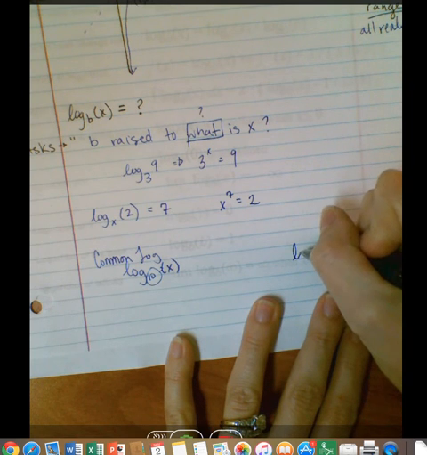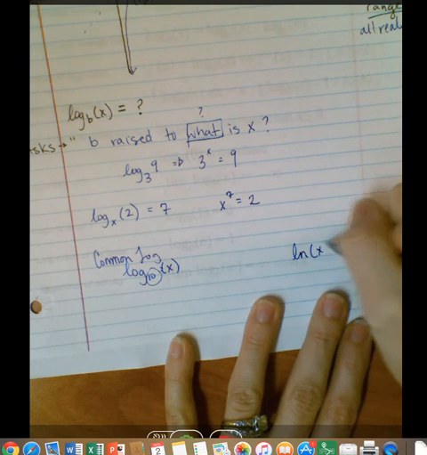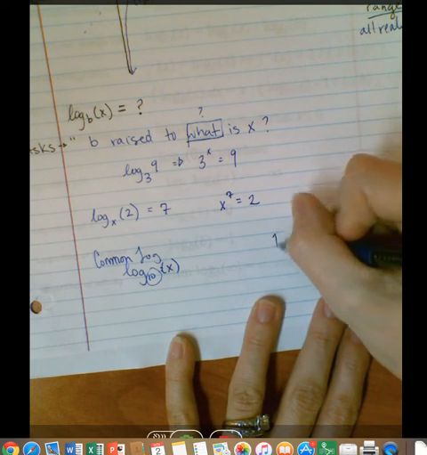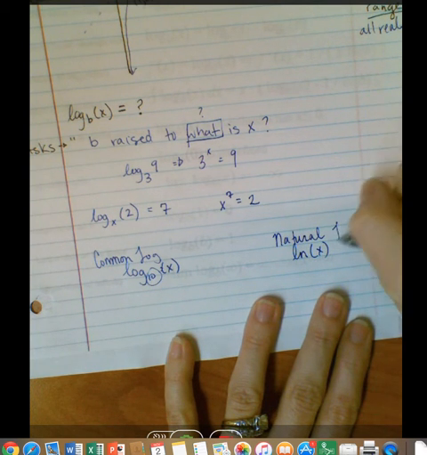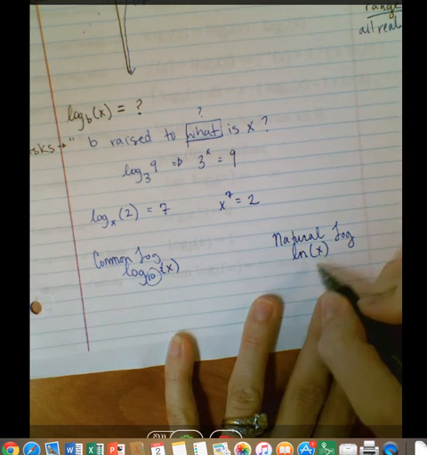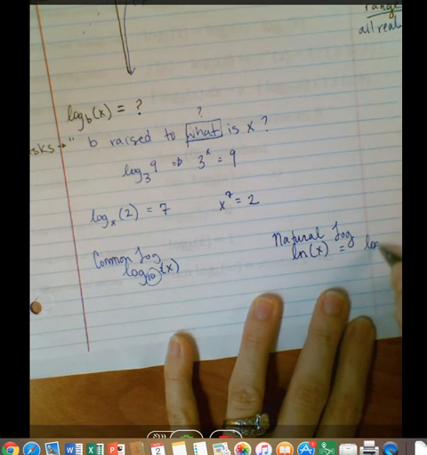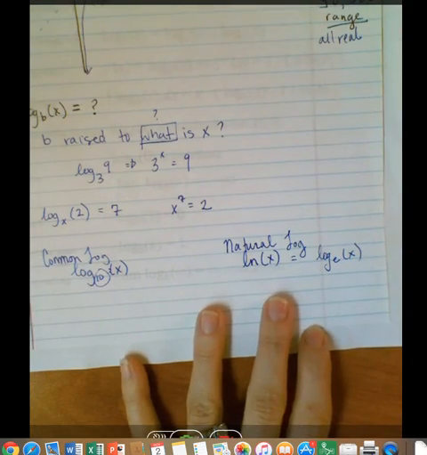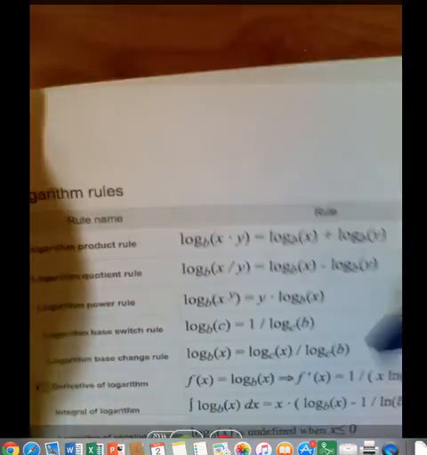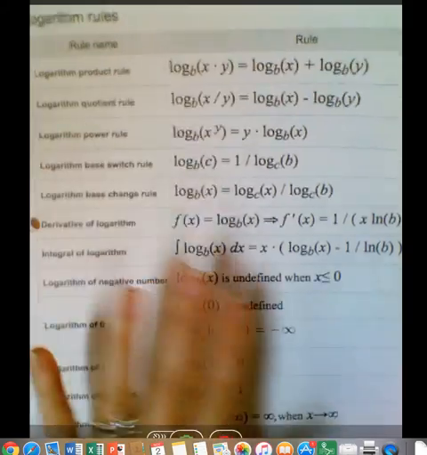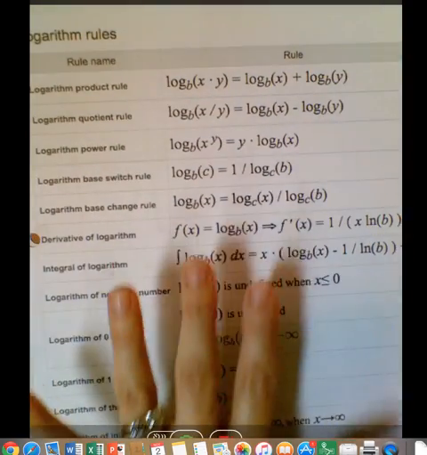And then ln of x is called our natural log. And this could also be written as log base e of x. Let's look through some of these rules real quick. And then we're going to do a couple application problems where we just solve some things.